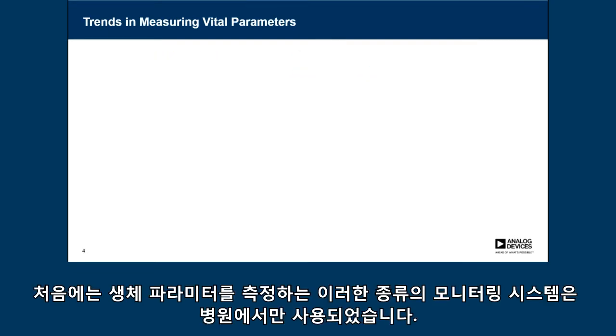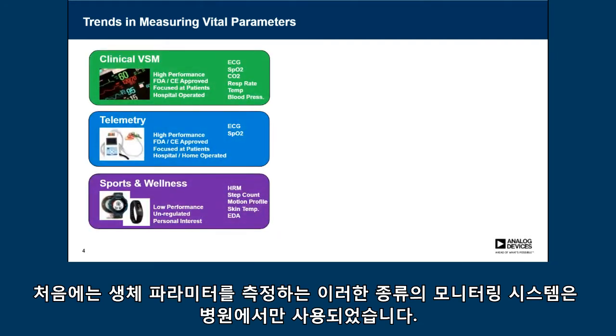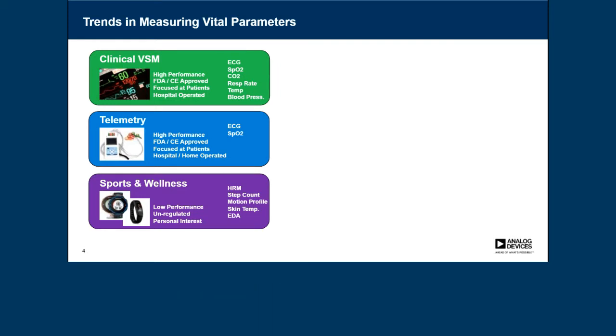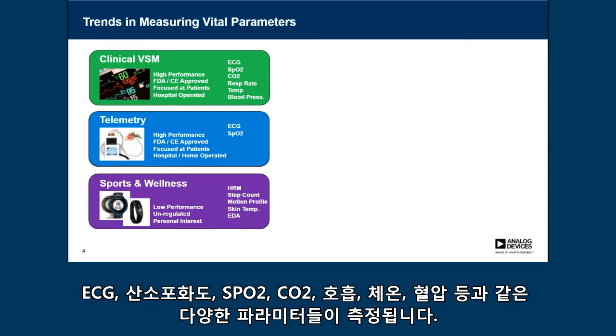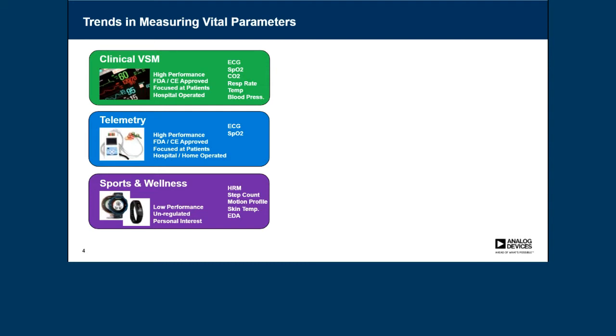So the trend in measuring vital parameters is that initially these kinds of monitoring systems were being used in hospitals only. What you see is that from clinical VSM applications, there are different parameters being measured, including ECG, oxygen saturation, what is also called SpO2, CO2, respiration, temperature, and blood pressure.